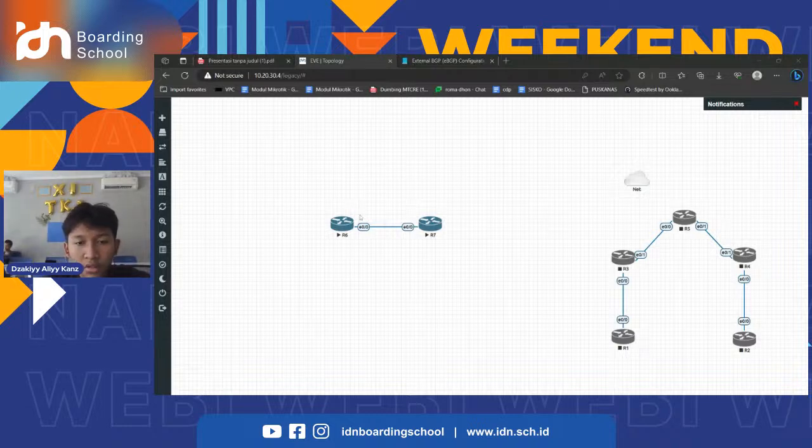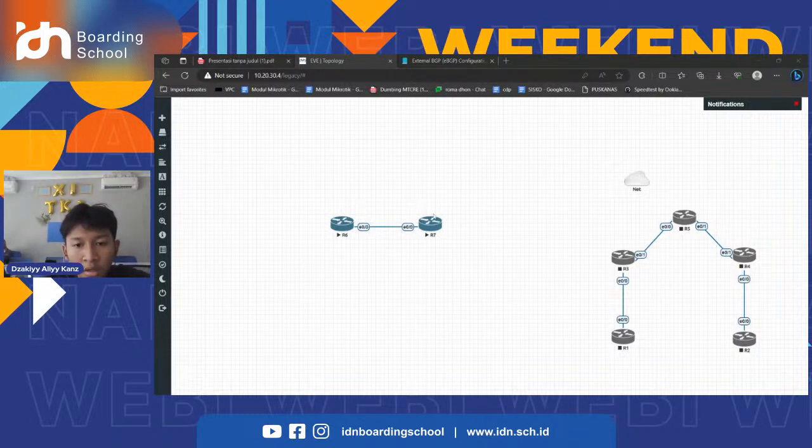Okay, why 10.10.10.2? Because this IP address is the IP address of Ethernet 0/0 on router 7, and we will enter it into BGP 1, and then remote AS 2. Why 2?